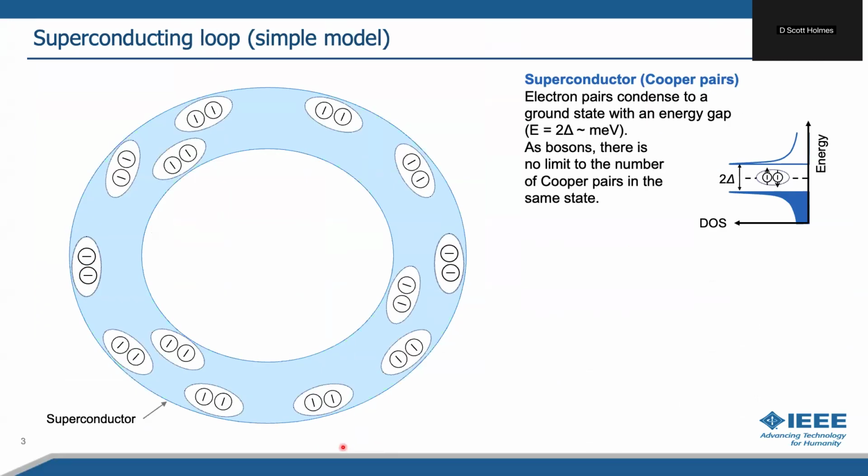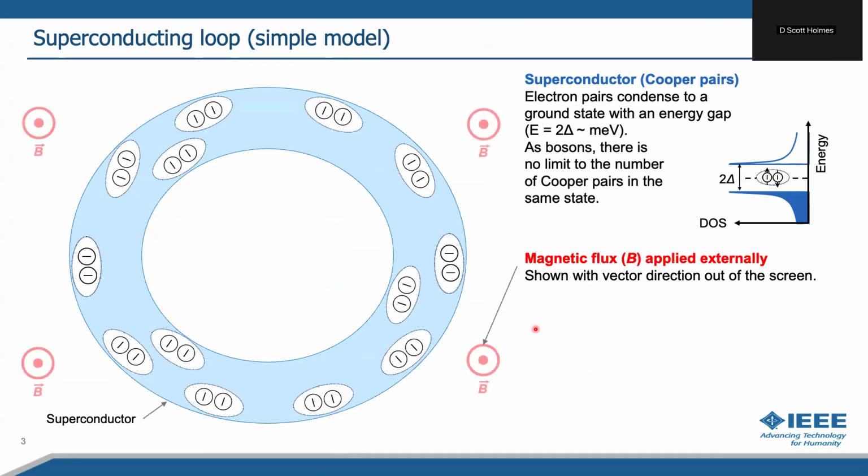Okay, and if we have a loop, we will have the Cooper pairs in the loop. If you apply a magnetic flux externally, and we've got a flux applied showing, if you do the right-hand rule, the vector of the direction of the magnetic flux is up.